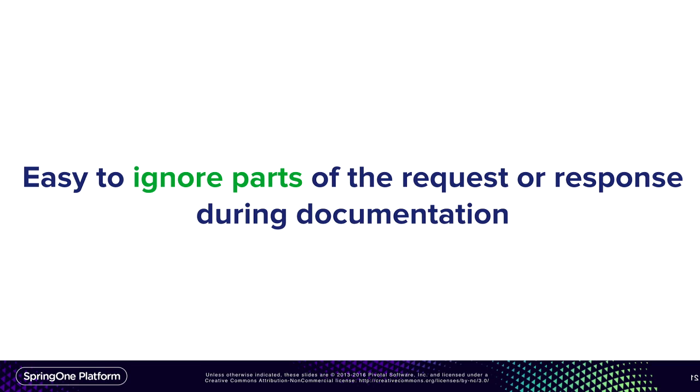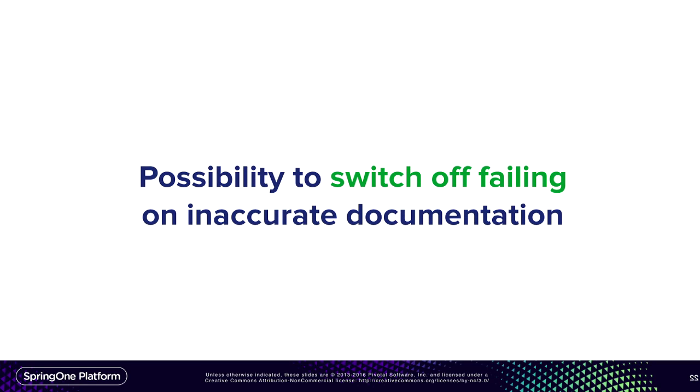And then you can also ignore parts of the request or the response during the documentation. So when you're getting a response back, so the payload is returned to you, then you might not want to document everything. So you can ignore certain things that are being returned to you. Okay? And then you can also pre-process that, so you can just make sure it's not even shown in the documentation. And you can also switch off failing altogether.